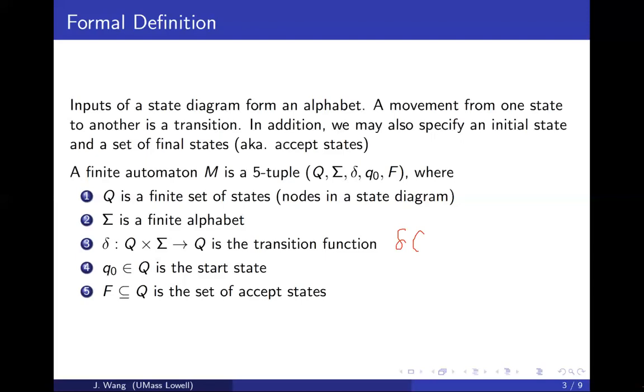Let's say I am on a current state Q, and my input is A, and it goes to a state P. So P could either be a new state or P could be Q. If we look at a state diagram, this is Q. Let's say my input is A, which is in the alphabet, and I go to P. So this is when P is not equal to Q. If P is equal to Q, then it will go like this. So that's a transition function.